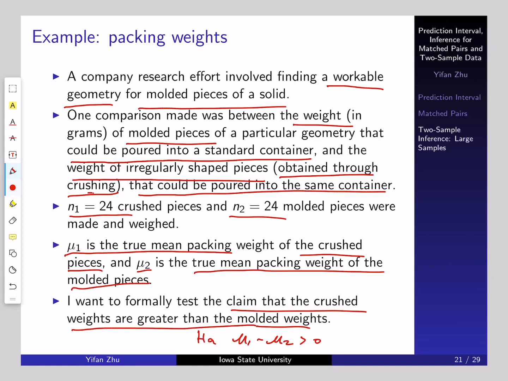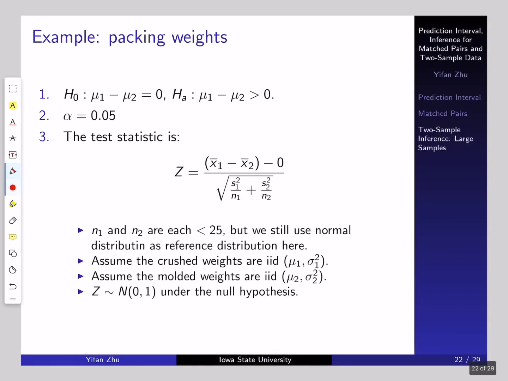This will be our alternative. So we first state the null and the alternative. The null is that mu1 and mu2 are the same, mu1 minus mu2 is 0. And the alternative is that the crushed packing weight is bigger than the molded packing weight.